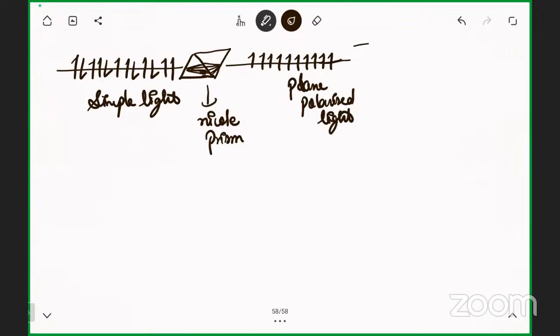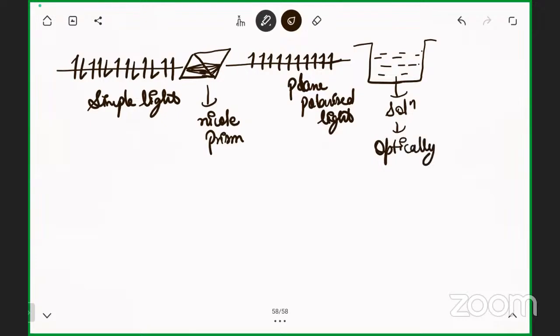When I pass this plane polarized light through a solution, this solution is known as optically active solution.